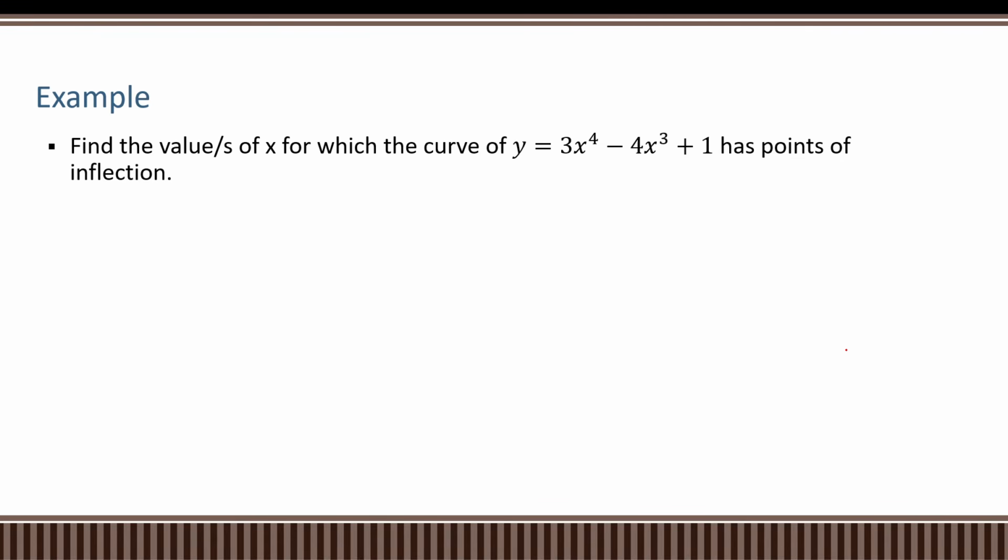Find the values of x for which the curve y is equal to 3x raised to 4 minus 4x cubed plus 1 has points of inflection. The first step that we're going to do once again is find the first derivative.